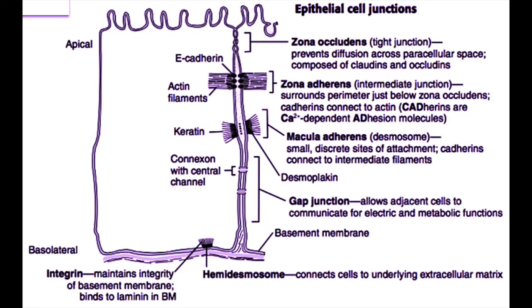Now, in order for the cadherin molecule to get linked up to the intermediate filaments in each cell, it does this by using desmoplakin as a bridge. So the sandwich goes cadherin, then desmoplakin, then intermediate filament. And that's happening on both sides of the desmosome, obviously, if we're going to be hooking up two epithelial cells to one another.